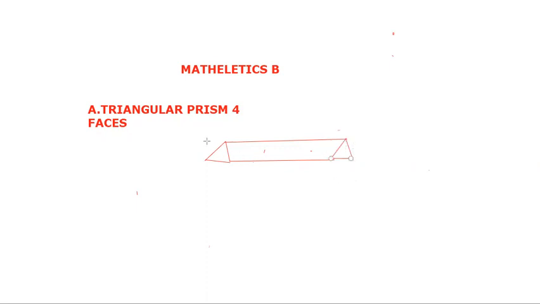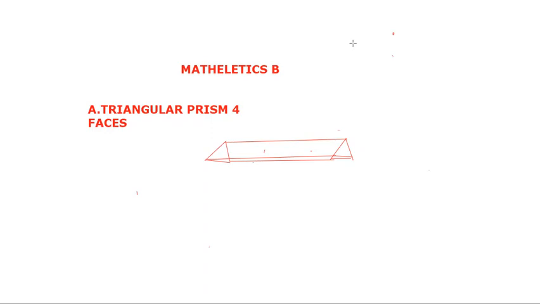So it is a triangular prism. Okay. This is a triangular prism. My drawing is not perfect. How many faces are there? Here it is said that it has 4 faces, but no. I think they may be wrong.